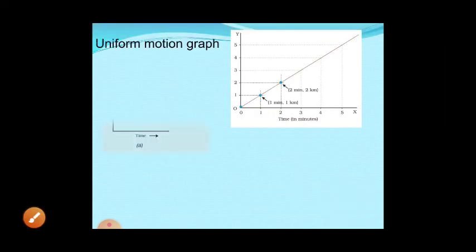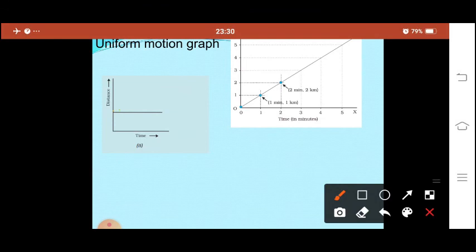Now if you get a graph like this, that means as the time is changing, the vehicle is showing one particular distance. That means after a long time it is standing in that place only. This shows that the object is in a stationary state.